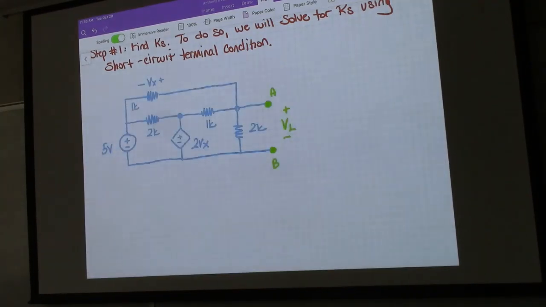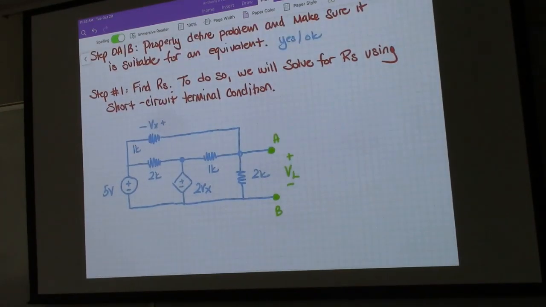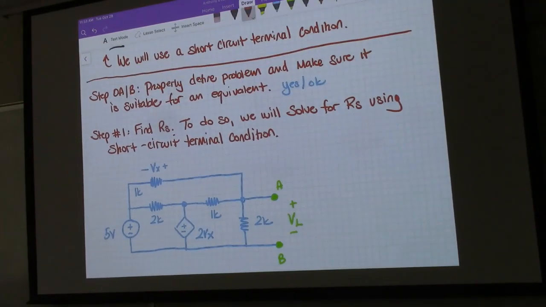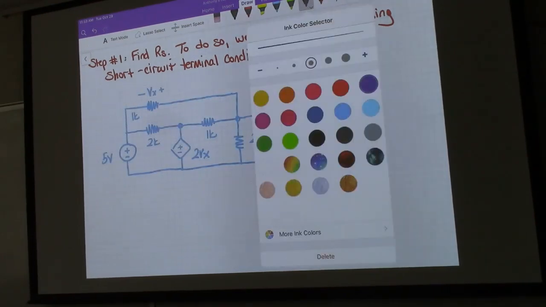Okay, so what are we going to do to short the terminals together? All right.